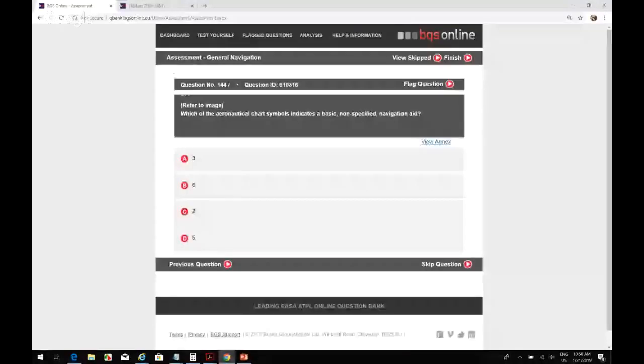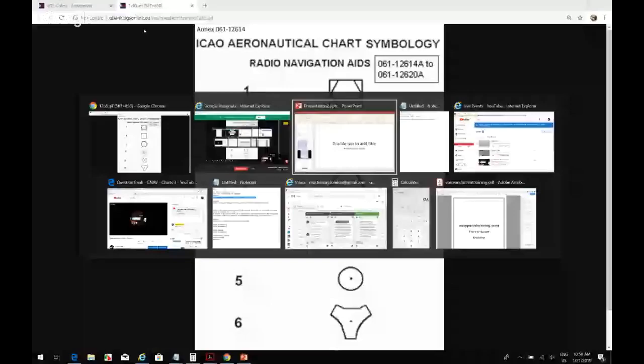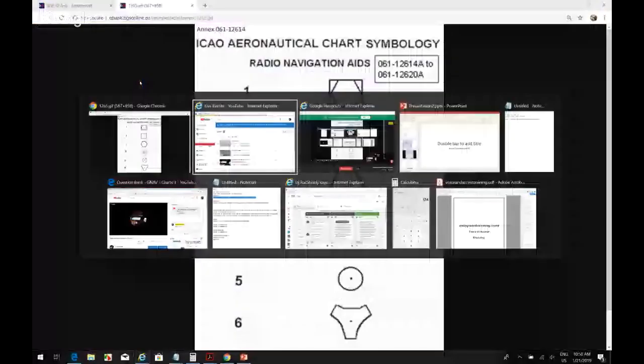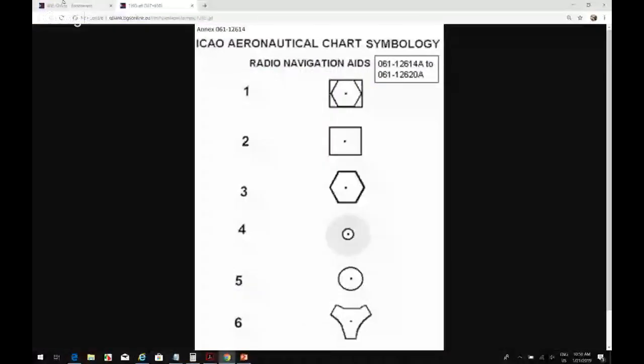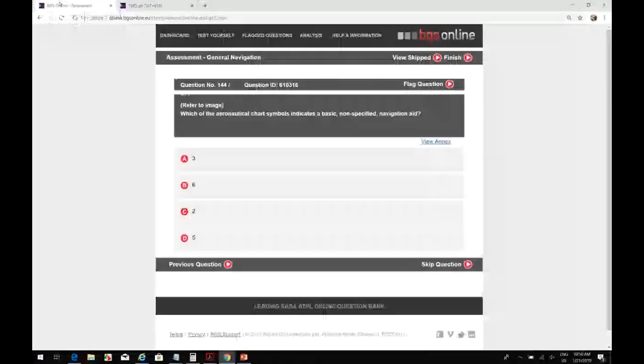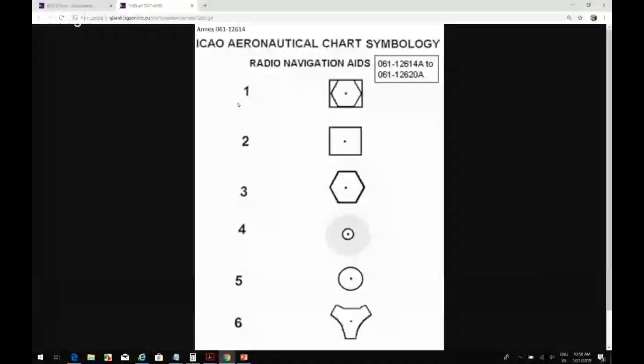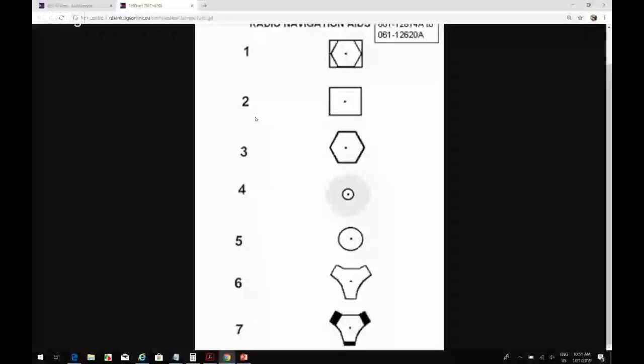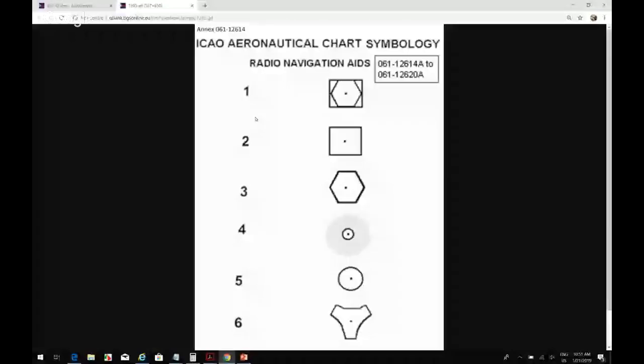Which chart symbols indicate a basic, non-specified navigation aid? I'm going to have to go with 5.